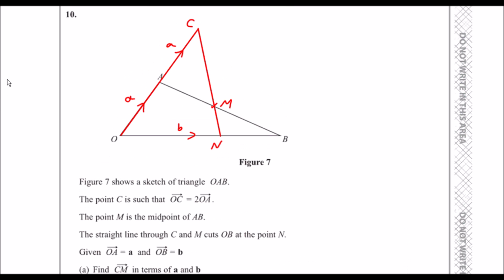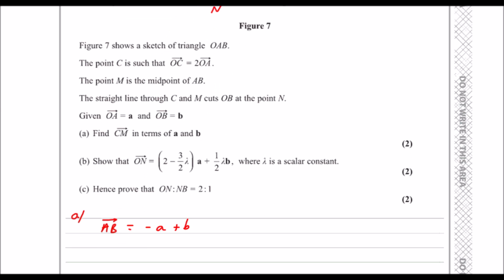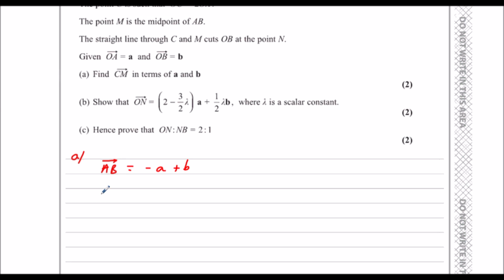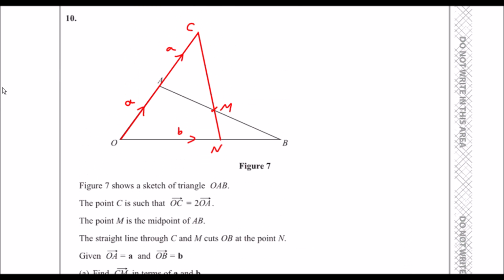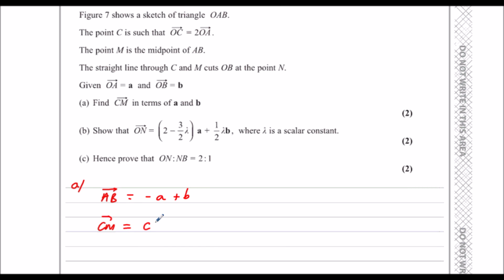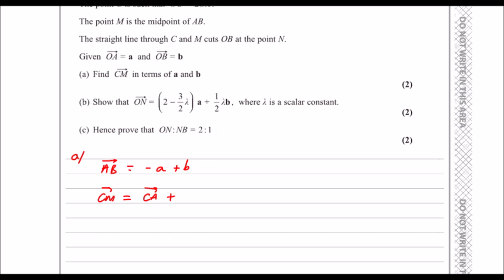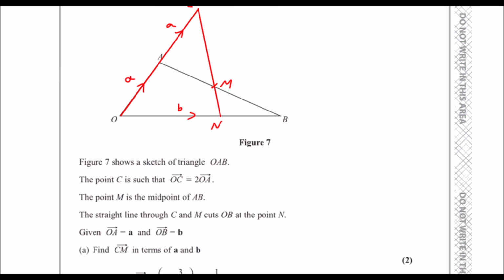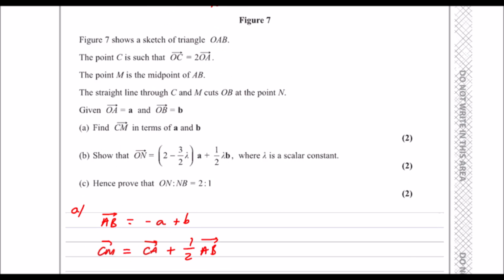And we're going to say that C to M is C to A, and then half of A to B. And C to A is a minus a, backwards along an a.